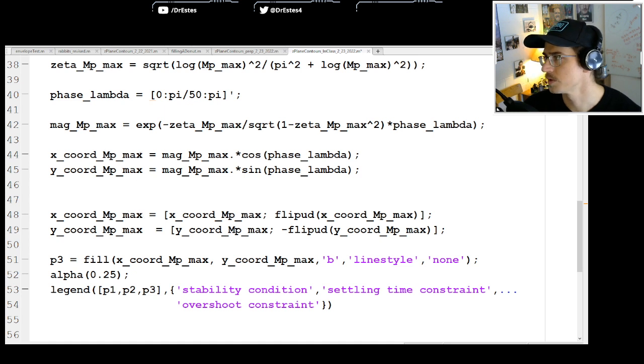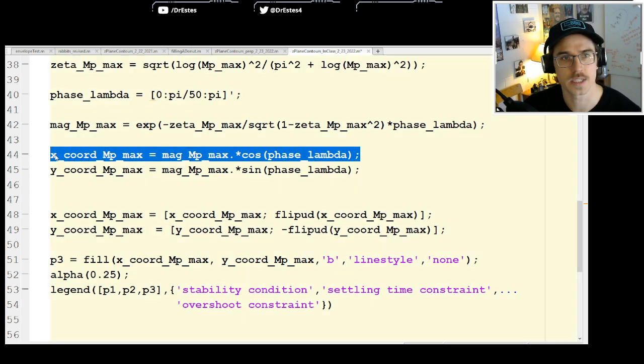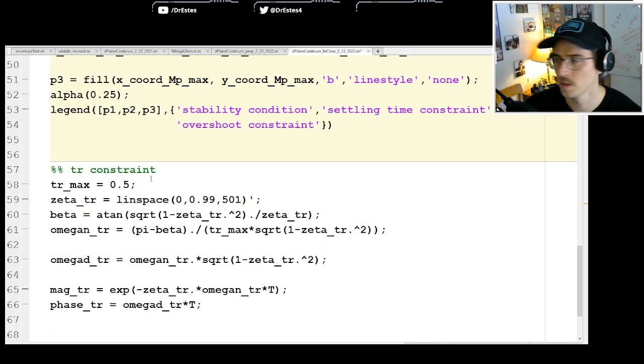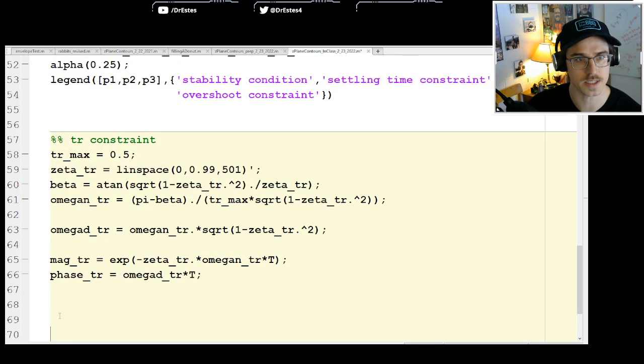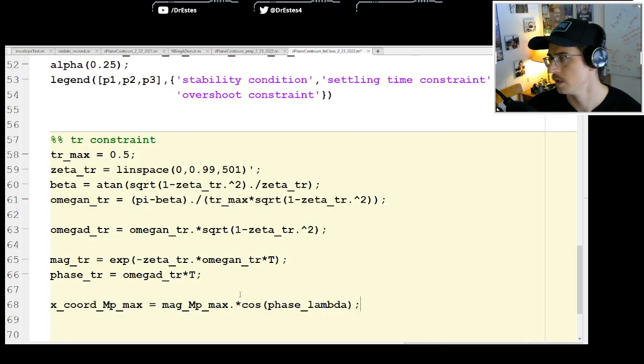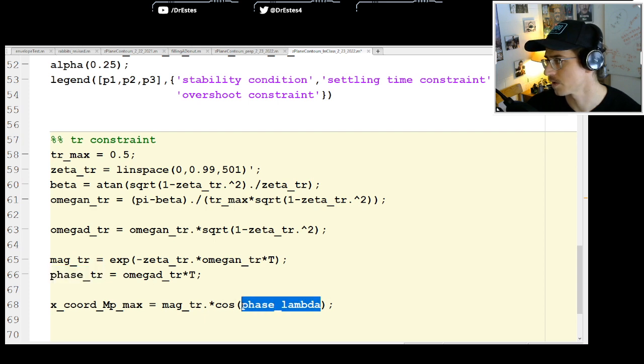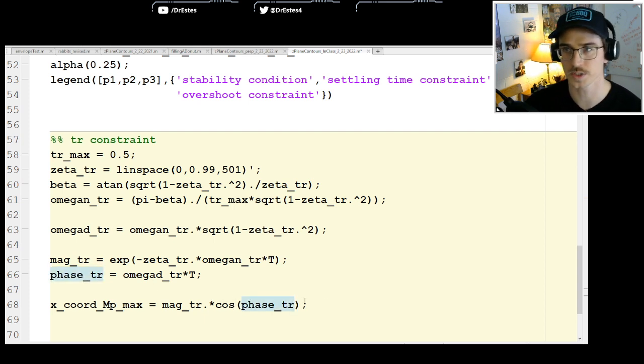All right, I'm going to copy this x coordinate thing from up here, because we're going to do that same style of thing again. So it's going to be the magnitude times the cosine of the phase, but we're going to do the phase corresponding to this rise time situation.